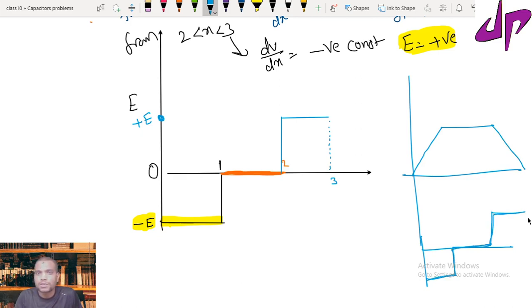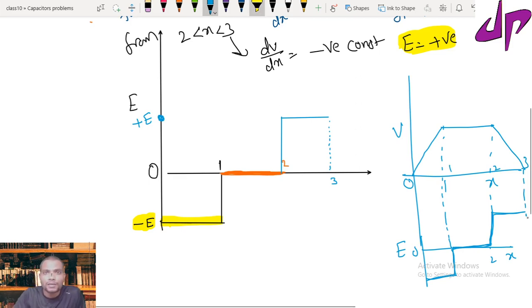So this is the potential versus x curve, and this is the electric field versus x curve. These are the corresponding values, 1, 2, 3. So that is the variation of the electric field with potential.